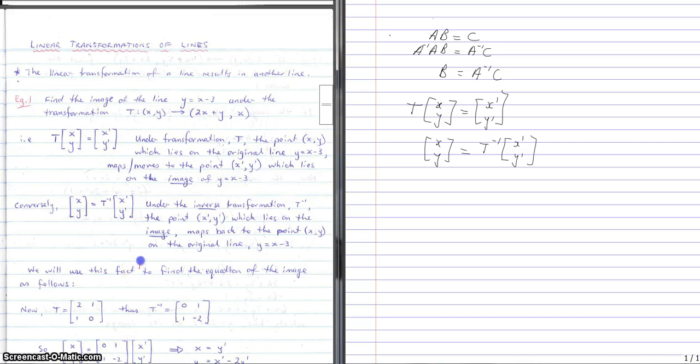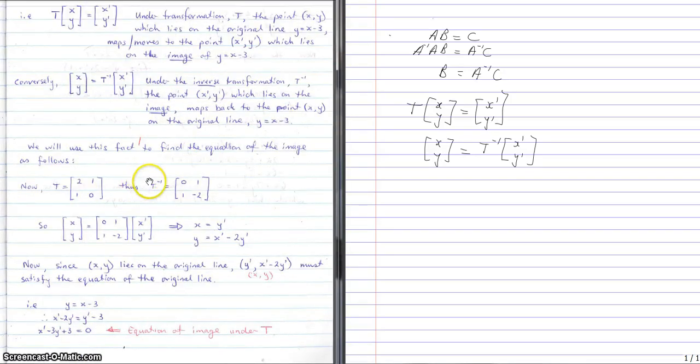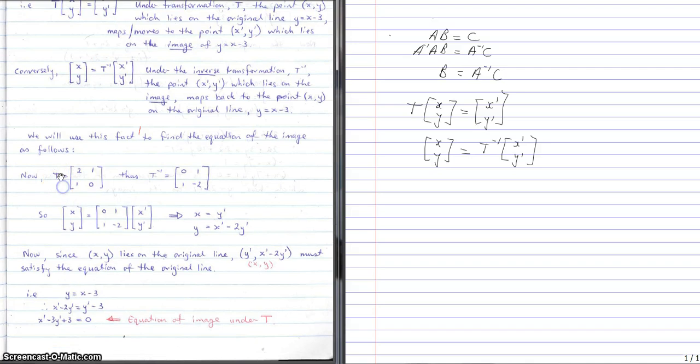So we're going to use that fact to find the equation of the image as follows. We've got our transformation matrix T, which is 2, 1, 1, 0. The inverse transformation matrix, which we could find, remember the rule, is 0, 1, 1, negative 2.